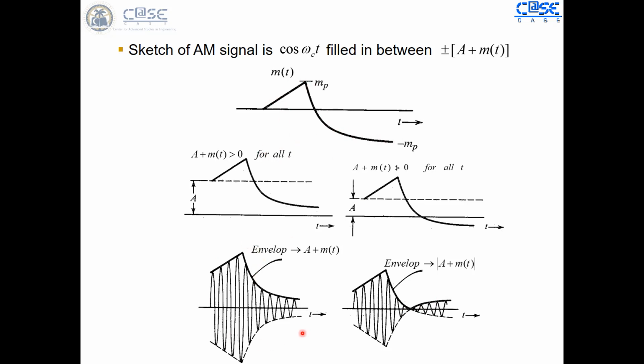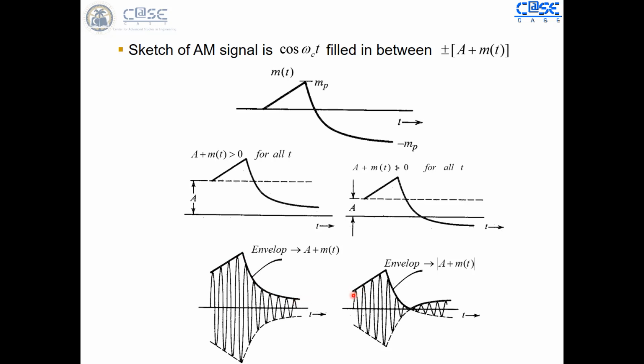But here you can see if you connect the peaks, you get the same message signal out of it. If you are able to detect the envelope out of this modulated signal somehow using some envelope detector circuit, you would be able to extract the approximated shape of the message signal out of this modulated signal being received.